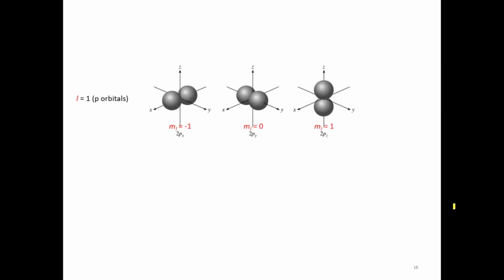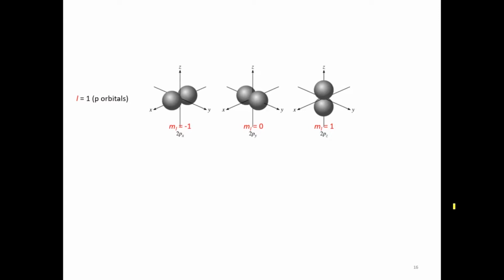They can be oriented along the x, or along the y, or along the z-axis of three-dimensional space. You are not required to memorize which value of ML corresponds to which orientation. Just remember that there are three of them, and they basically vary in which axis of three-dimensional space they are oriented along.